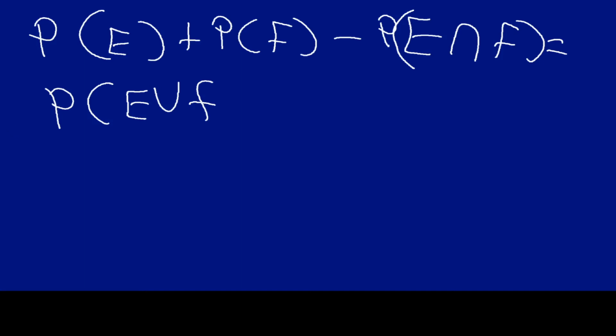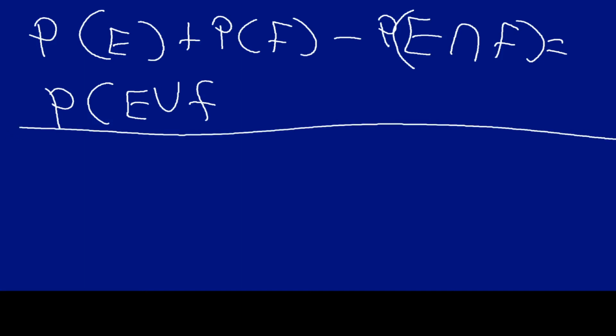So I'm just going to draw a little line right here. Okay, so this time what we want to know is the probability of getting a spade or the number 6 from a deck of standard cards. So we have 52 cards. First, what is the probability of getting a spade? In other words, I'm dealing with my E right now.